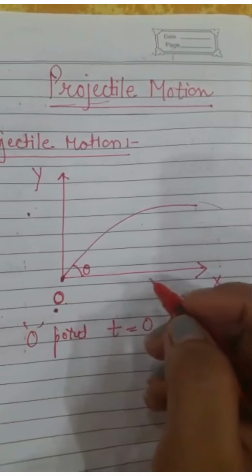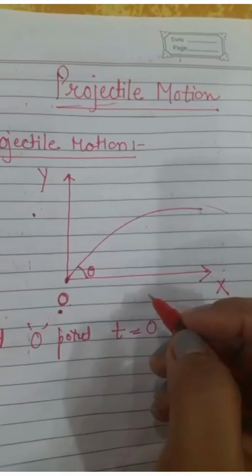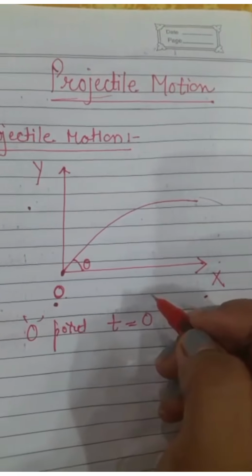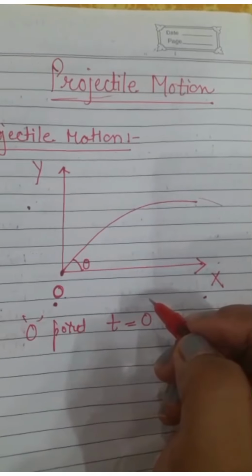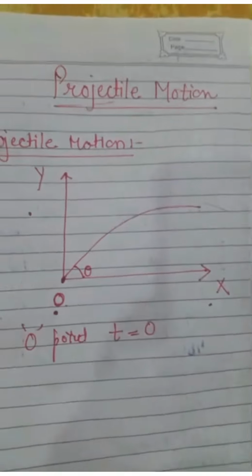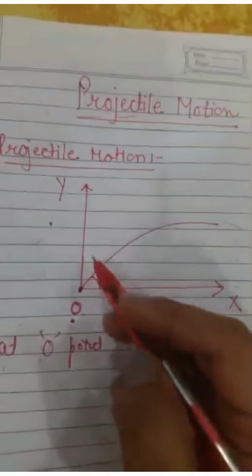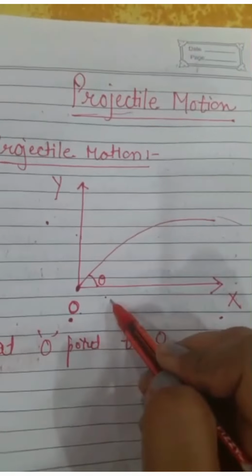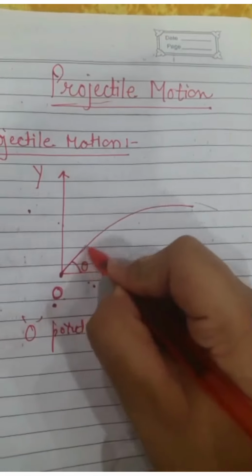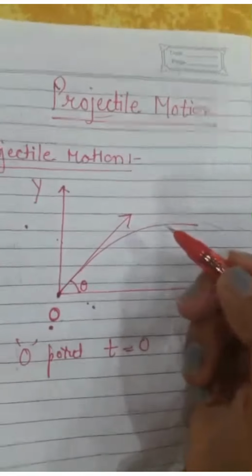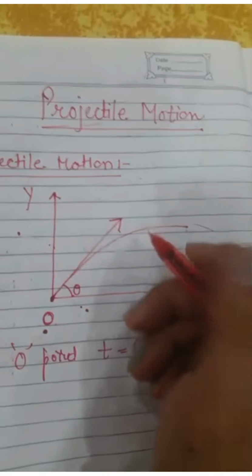As we have learned in previous chapters, motion in two dimensions can be treated as two separate one-dimensional motions along two mutually perpendicular axes. These are the two axes which are mutually perpendicular to each other.